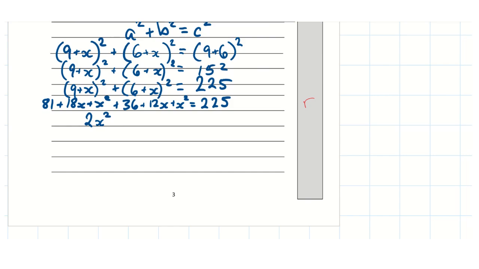And then I will cross these two out. And then I can do my x's. 12 plus 18 is 30x. Beautiful. I've crossed this one out, and this one out. And then 81 plus 36, that's 117. 117 equals 225.